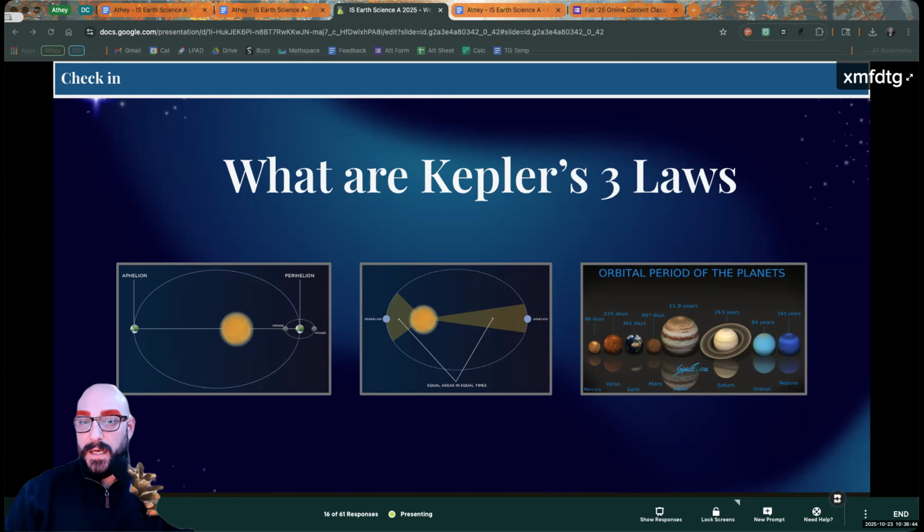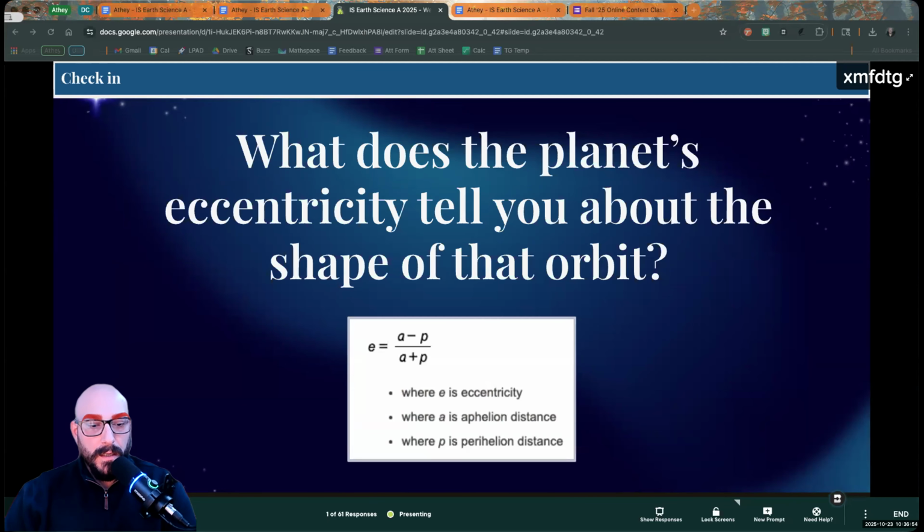Yeah. And again, some of this stuff is just memorization, right? Okay. What does a planet's eccentricity tell you about the shape of its orbit?